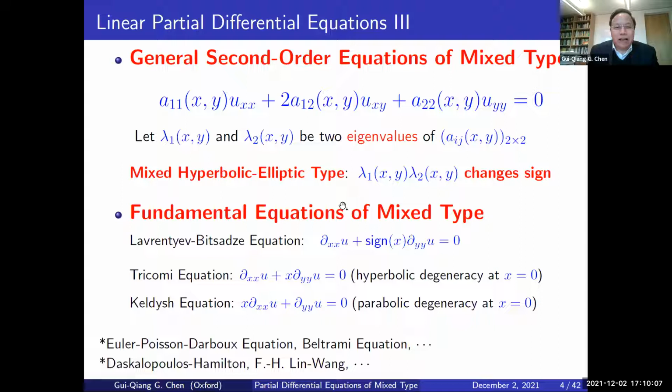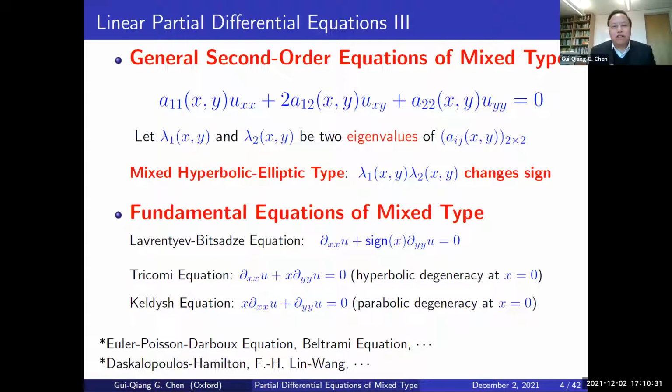Here are listed three fundamental equations of mixed type with this form. In the first equation you can see the sine function as coefficient. If x is bigger than 0, this is the Laplace equation; if x is less than 0, the wave equation. The second and third are the Tricomi equation and the Keldysh equation.